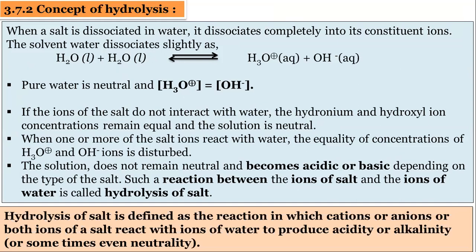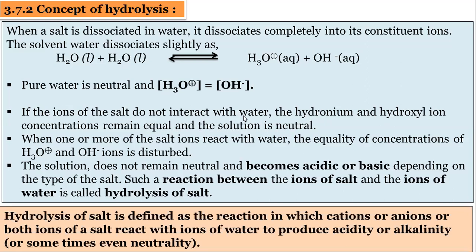If the ions do not interact with water, then what will happen? The concentration remains the same. The concentration of hydronium ion and the concentration of hydroxyl ion remain equal. And that's why the solution is neutral. This is possible when the ions do not interact with water.